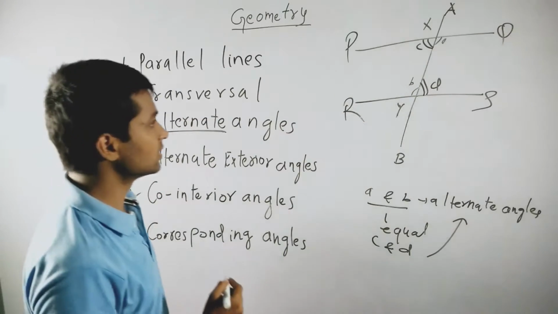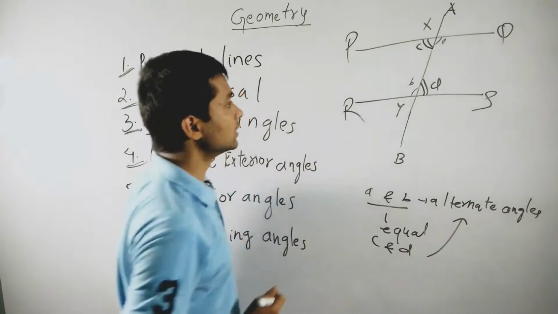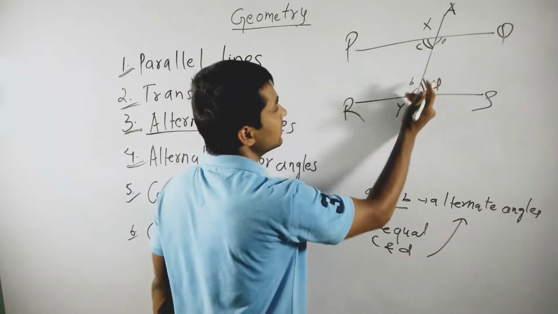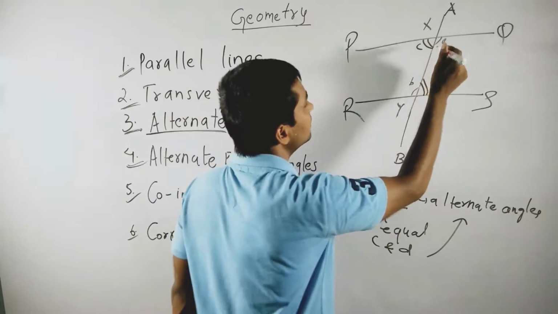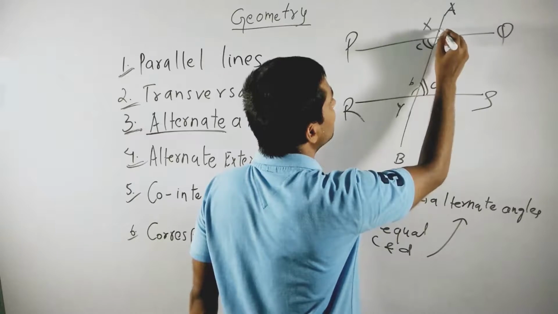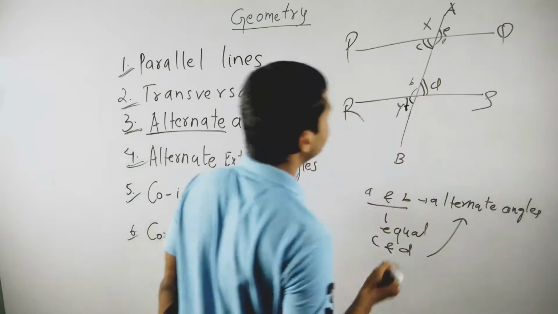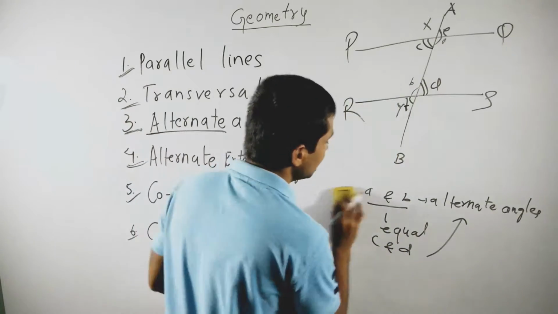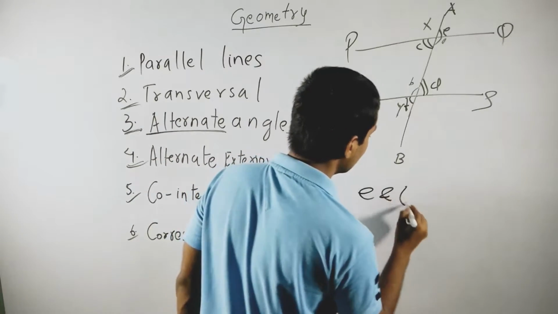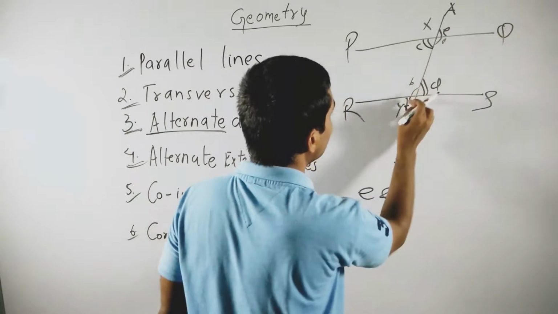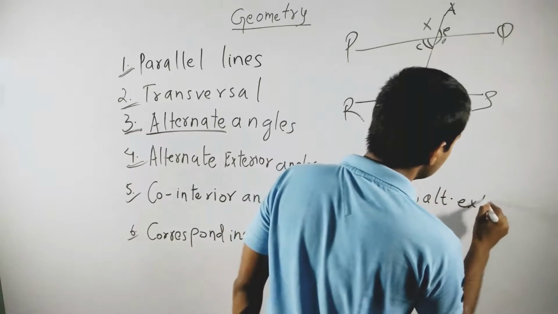Now, alternate exterior angles. The angles we talked about in this figure till now all lie on the interior side of the two parallel lines. And if I draw two angles here, I'll call this one E, and this one F. Here, E and F are alternate exterior angles.